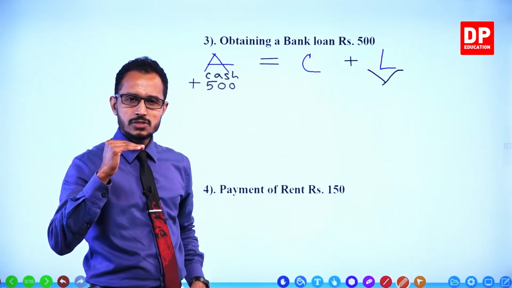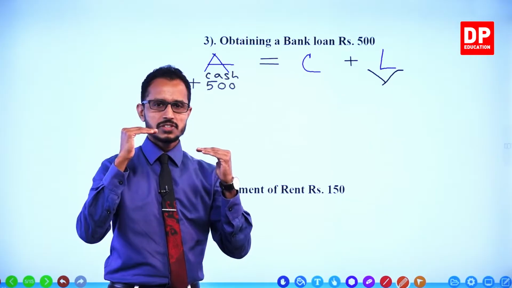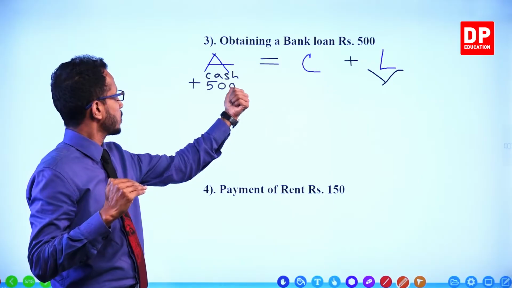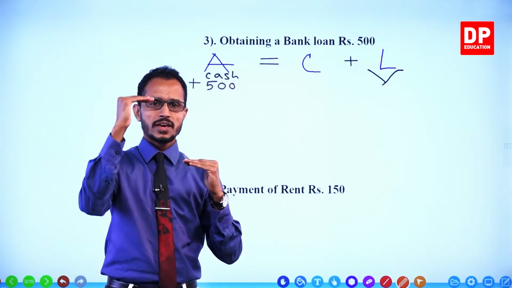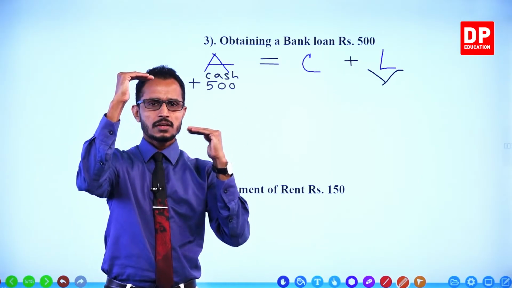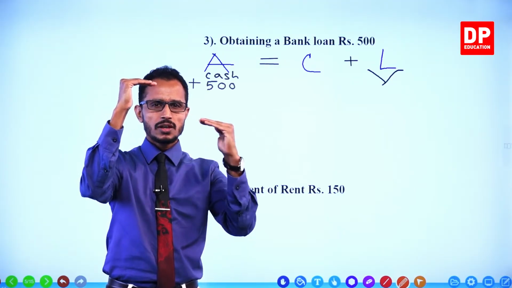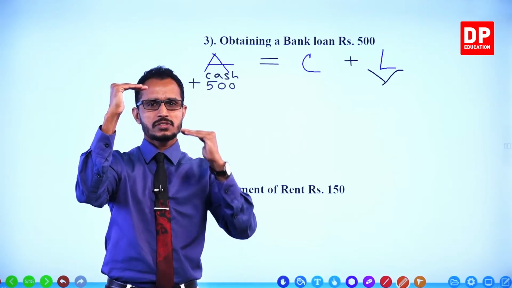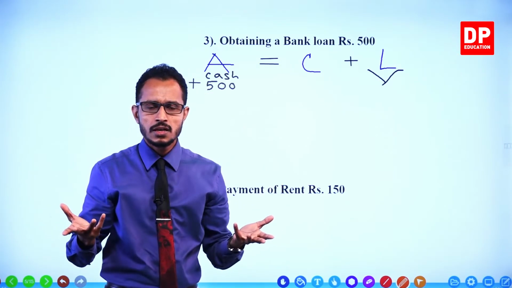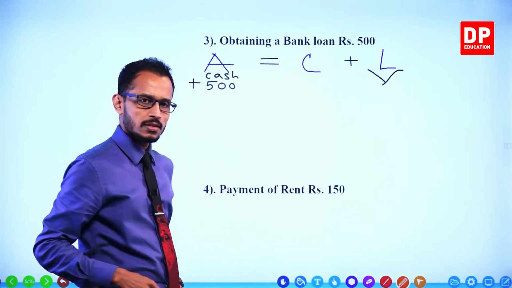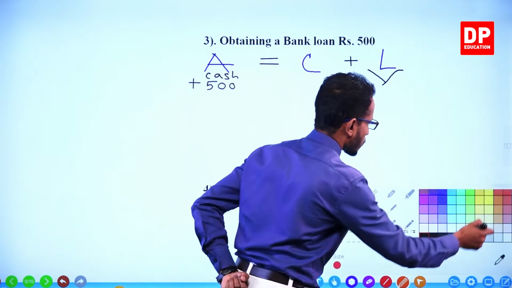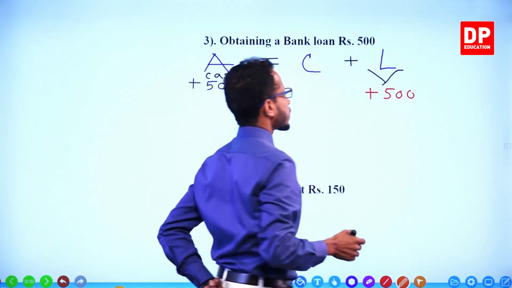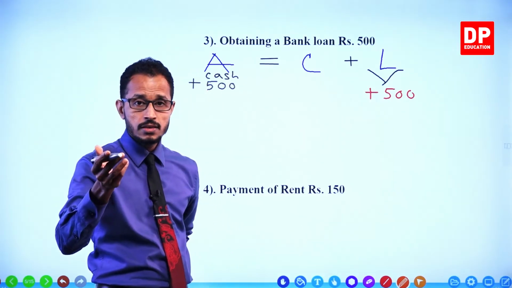Liabilities. Under here, what should happen? This is the first impact, already done. Here, cash increased. This is the second impact. What is the second impact on liabilities? Does it decrease or does it increase? Increase. That's right. Why?